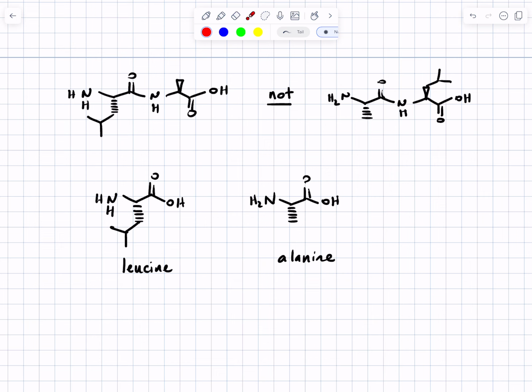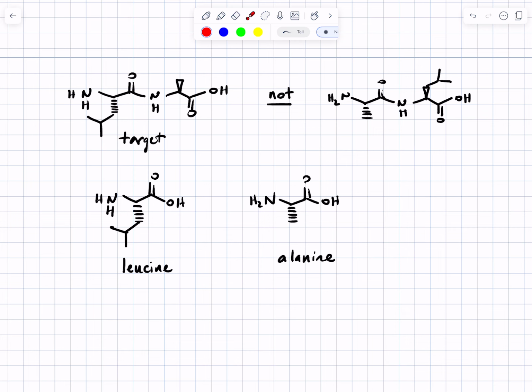Notice that in the molecule that I want, my target molecule, alanine's side chain, which is a methyl group, is adjacent to a carboxylic acid, whereas in the undesired isomer, the alanine side chain's methyl group is adjacent to an amine. Similarly, in the target molecule leucine's side chain, this hydrocarbon is adjacent to the amino group. Here, leucine's adjacent to the carboxylic acid.